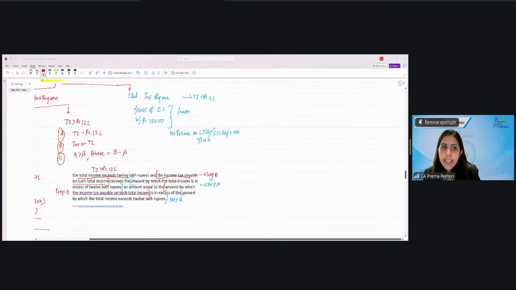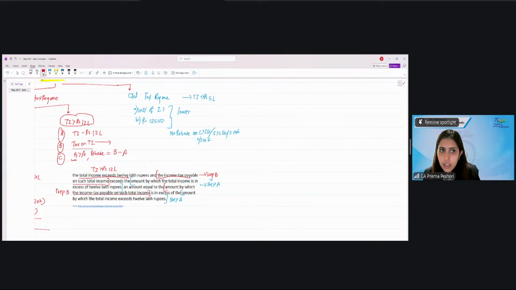Sure. See, it says the total income exceeds 12 lakh rupees. This point. Yes. And the income tax payable on such total income. This one, step B. Income tax payable on such total income, right? Exceeds the amount.